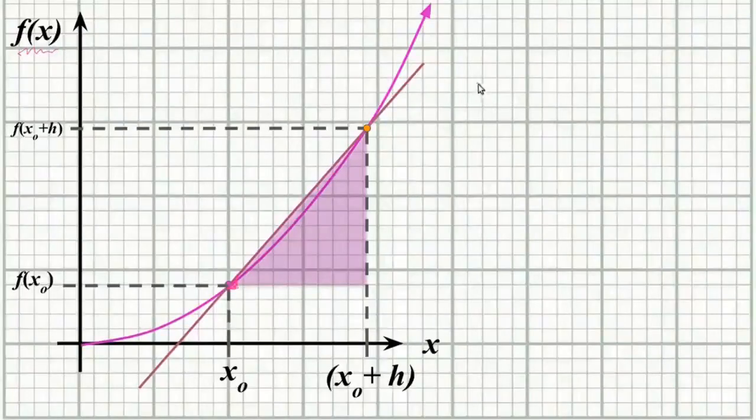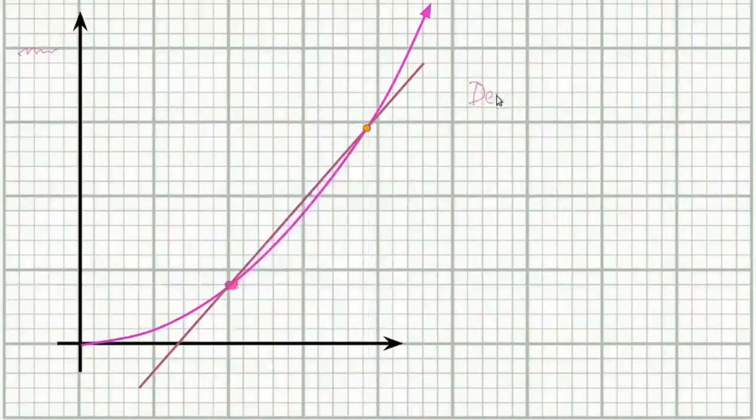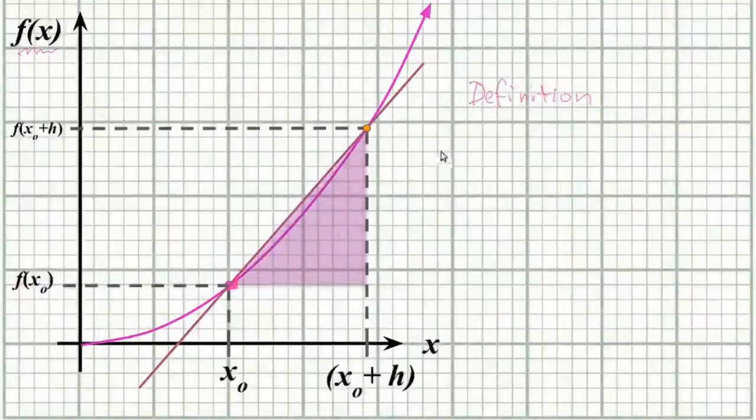So we can make a definition. The definition we're going to use is going to be that the slope of this function, which we'll call f prime, will be the ratio in the limit that quantity h becomes very small as it approaches 0. So the limit as h approaches 0 of the function evaluated at x plus h minus the function evaluated at x itself. Which x is this? x0.